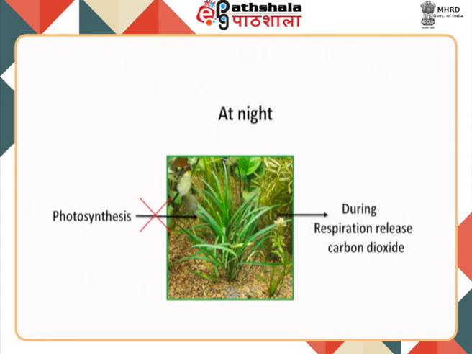At night, when photosynthesis cannot occur in the absence of sunlight, some carbon dioxide is produced by plants during respiration. Carbon dioxide is produced and exhaled by humans and animals as well as plants.